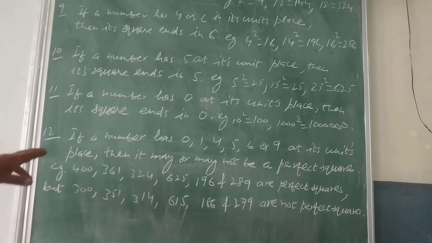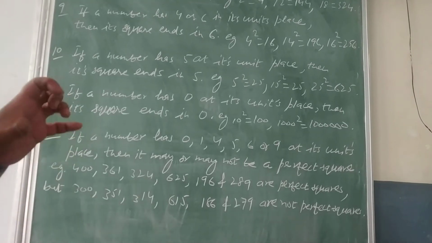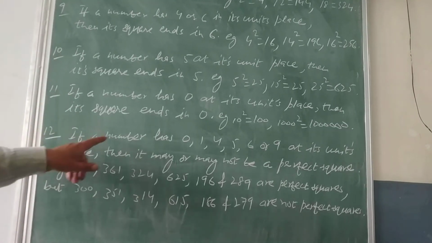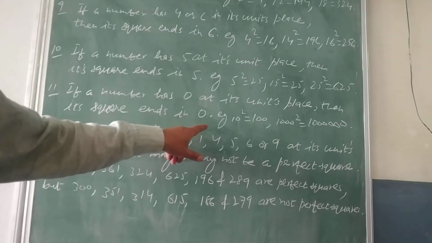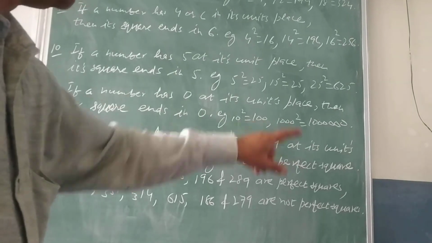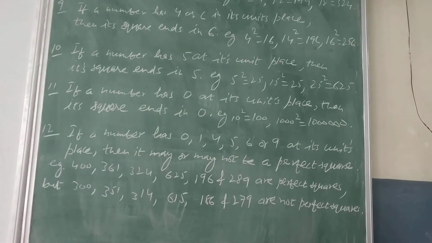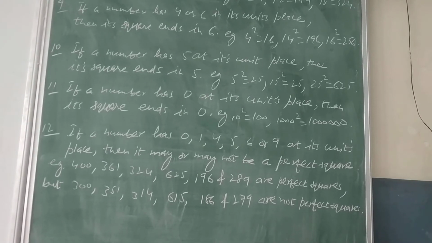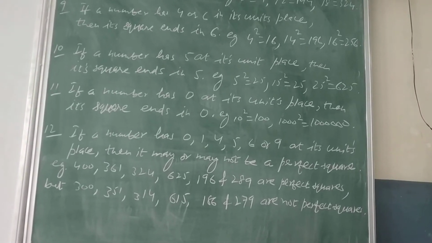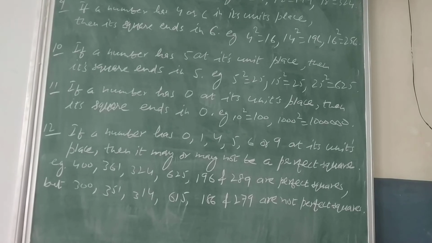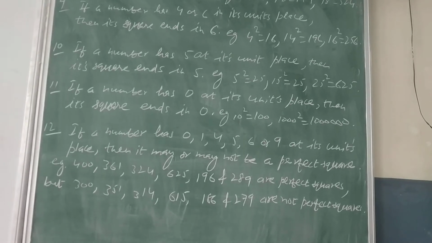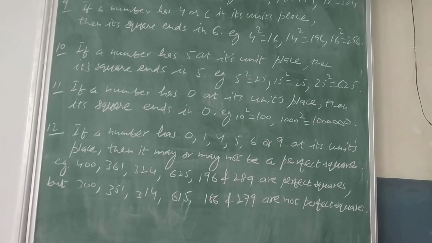So then 12th property is very important to understand now. If a number has 0, 1, 4, 5, 6 or 9 at its units place, then it may or may not be a perfect square. I said, if you go through property number 4, I said the number ending with 2, 3.